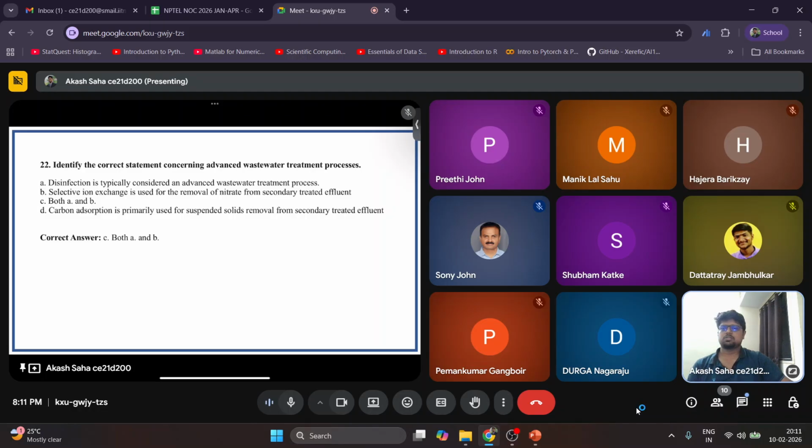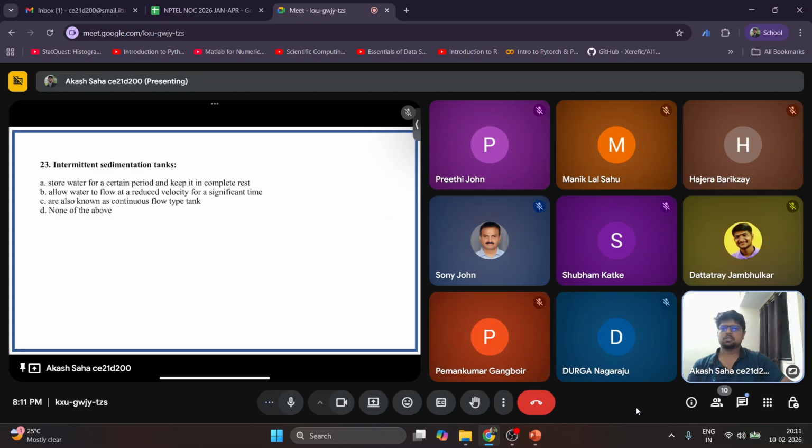Okay, this is also fine, I think. Intermittent sedimentation tanks: A, store water for a certain period and keep it in complete rest; B, allow water to flow at a reduced velocity for a significant time, are also known as continuous flow type tanks; or none of the above. So what is an intermittent sedimentation tank? What is the use?